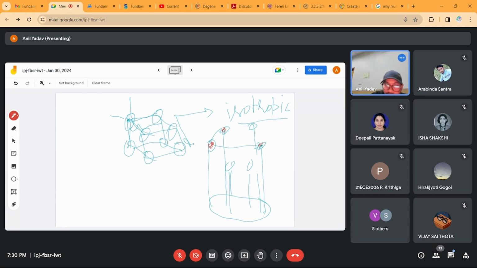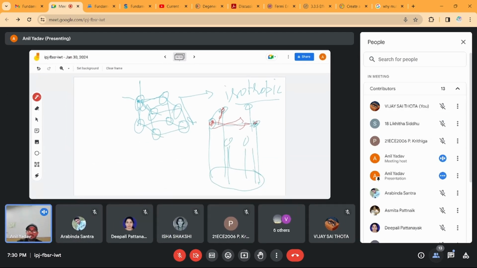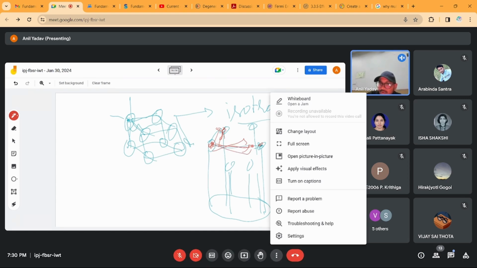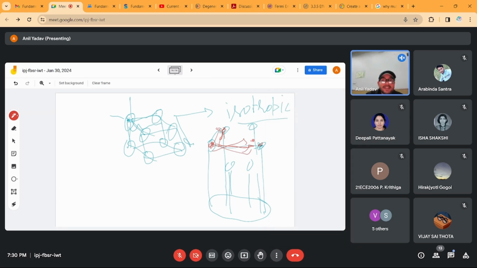The electron moving in this direction and that direction will have a different potential. So in the EK diagram, the curvature of the conduction band will be different in this direction.